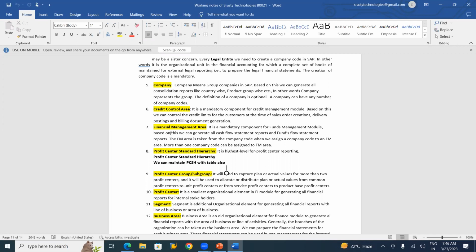That is not relevant to SAP, which is related to academics, right? At the time of cash flow statement and funds flow statement reports, how the calculation will be performed, because when we go to the client place, we need to explain what is the need of FM area, how the cash flows will be generated, and how the funds flow end to end report is generated.